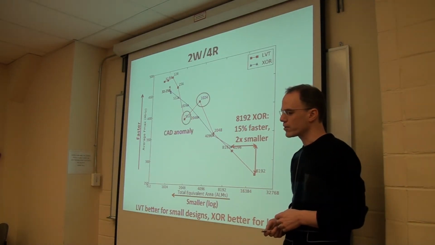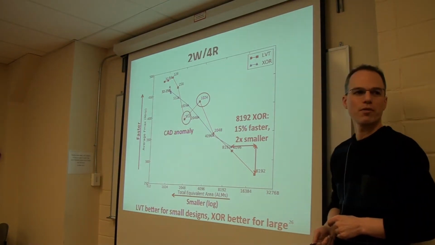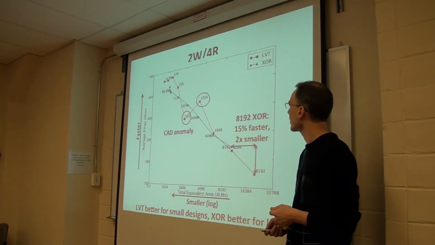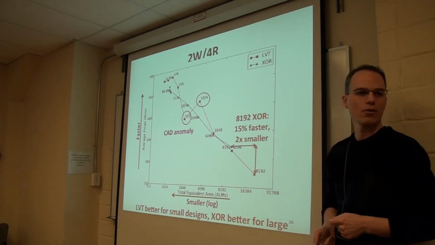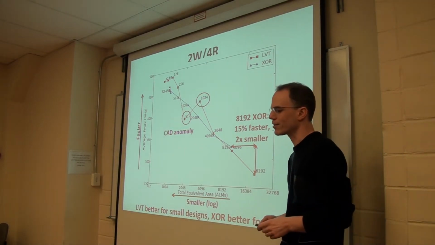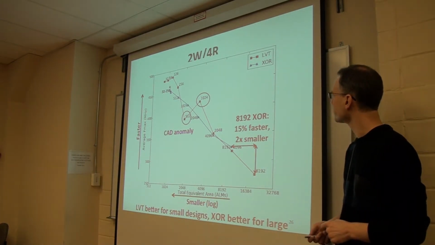And you might also notice there's this annoying anomaly in this work as well. We found the 1024 entry design actually runs a fair bit faster than the 512 entry design. Although we gave this to Altera and they assure us that this is fixed in the current version of Quartus, although we haven't got to confirm it yet.